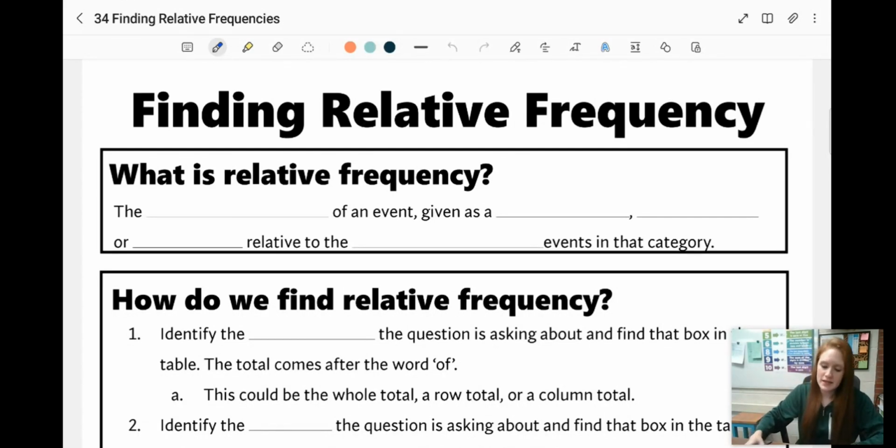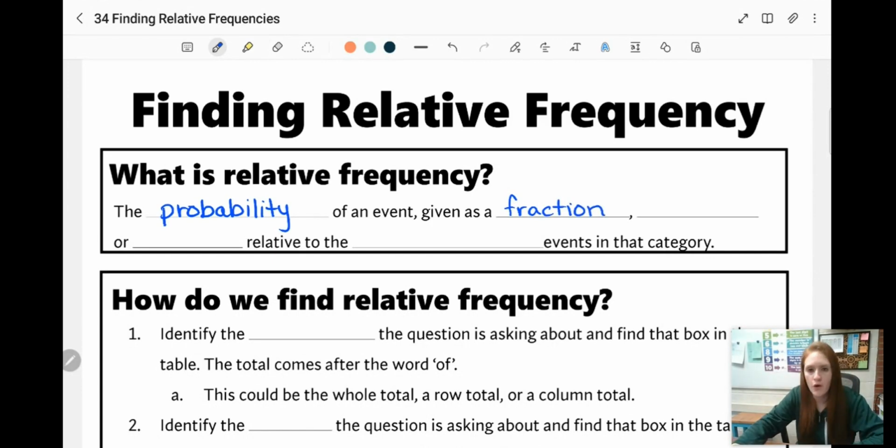So what is a relative frequency? Well, in 6th and 7th grade, and maybe even before that, you've talked a lot about probability. And so relative frequency is about the probability of an event, and it can be given in three different ways. It could be given first as a fraction, just as the part over the whole.